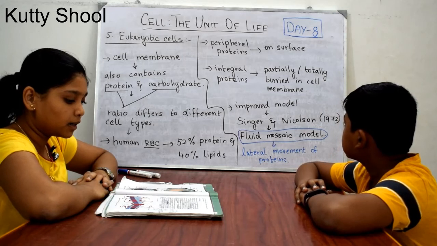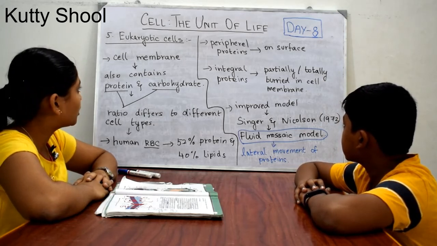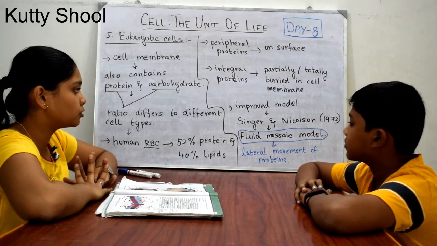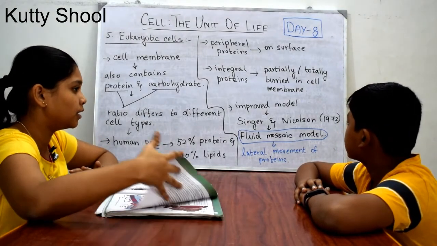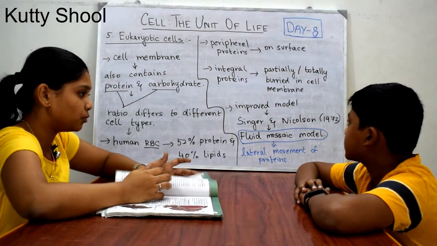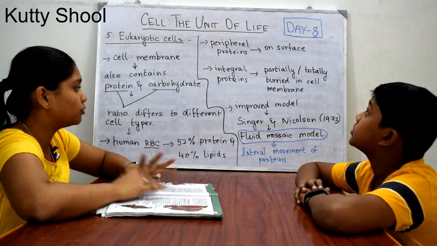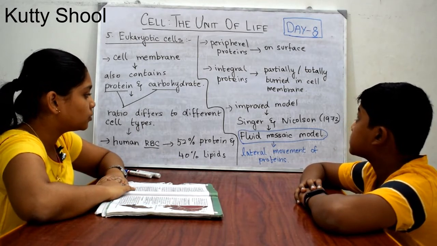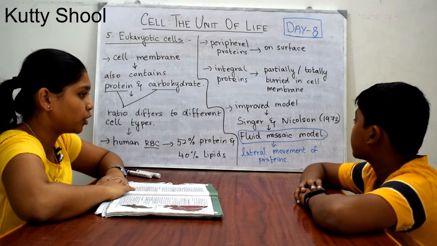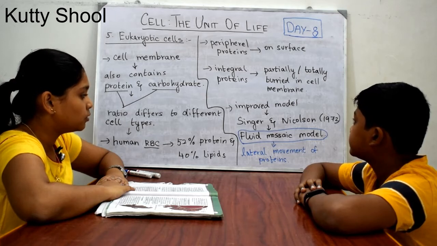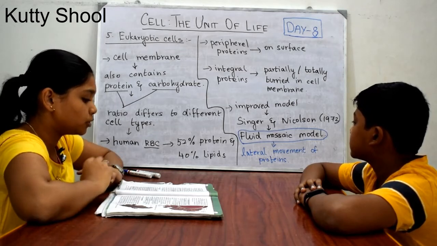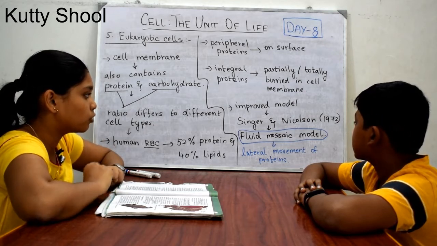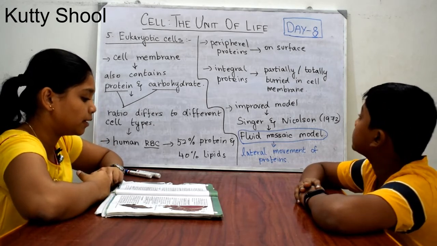An improved, very advanced model of the cell membrane was proposed by Singer and Nicholson in 1972. This model is known as the fluid mosaic model, also known as the quasi-fluid model of the cell membrane.